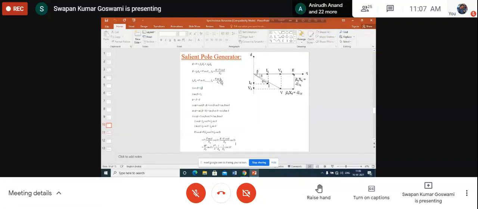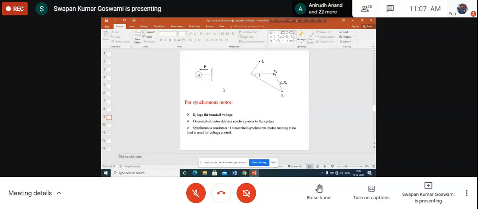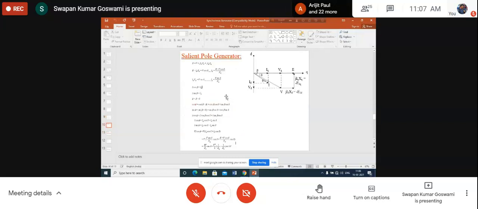We have also discussed synchronous motors, and how synchronous motors can be applied for voltage control. Regarding the voltage control of synchronous generators, we have also discussed the limit of overexcitation and limit of underexcitation.